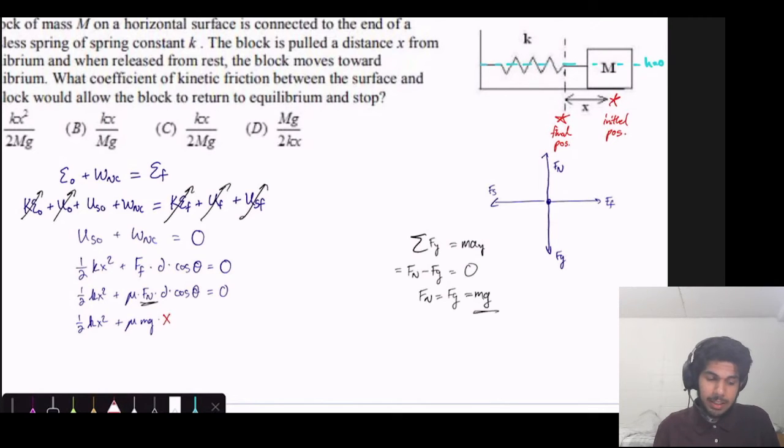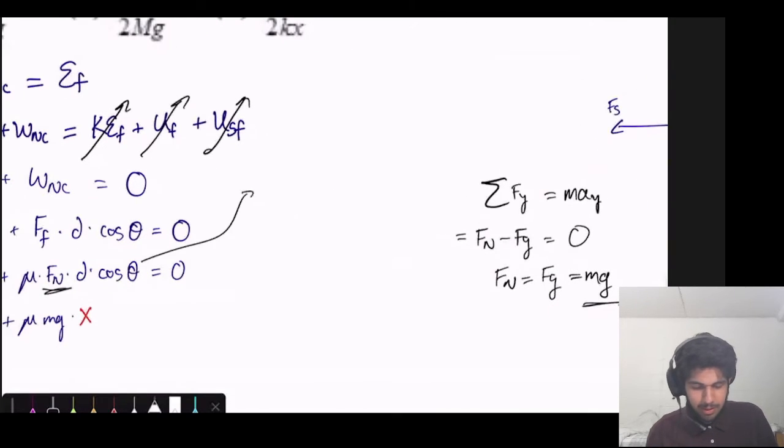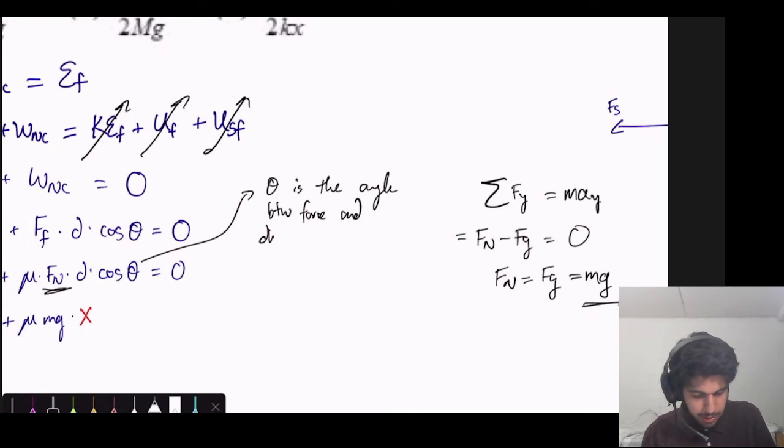So d is equal to x. And then cosine of theta: theta is the angle between force and direction of motion.